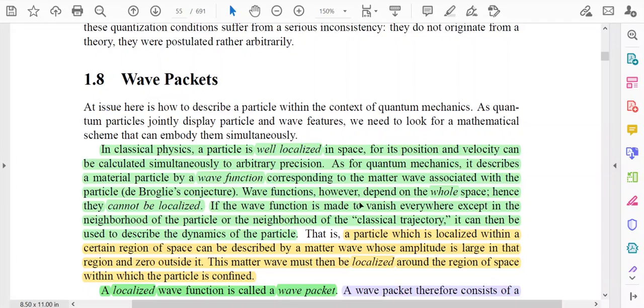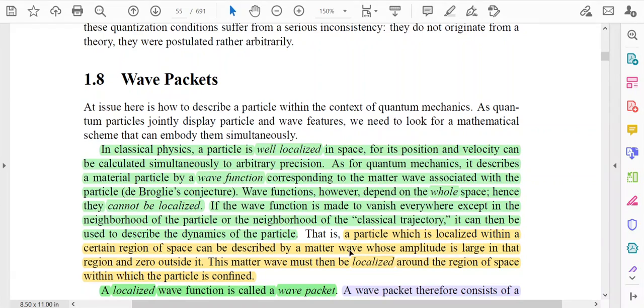Wave functions, however, depend on the whole space. Hence, they cannot be localized. If the wave function is made to vanish everywhere except in the neighborhood of the particle, or the neighborhood of the classical trajectory, it can then be used to describe the dynamics of the particle.